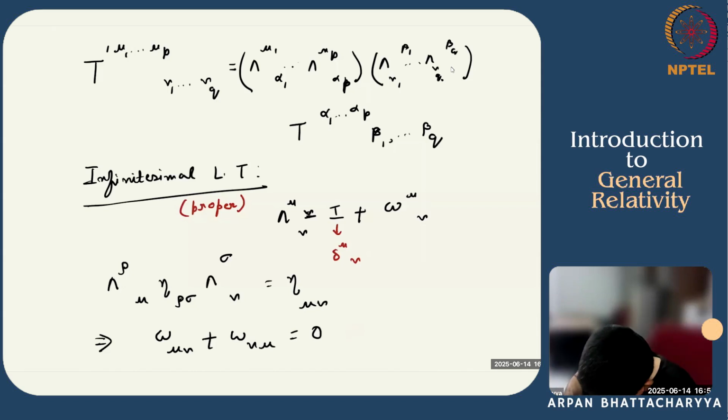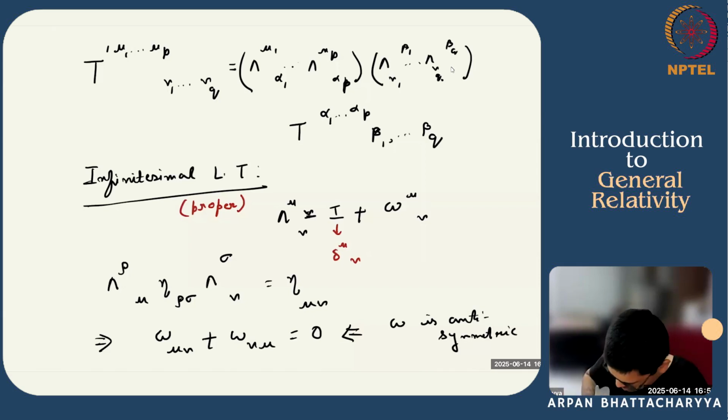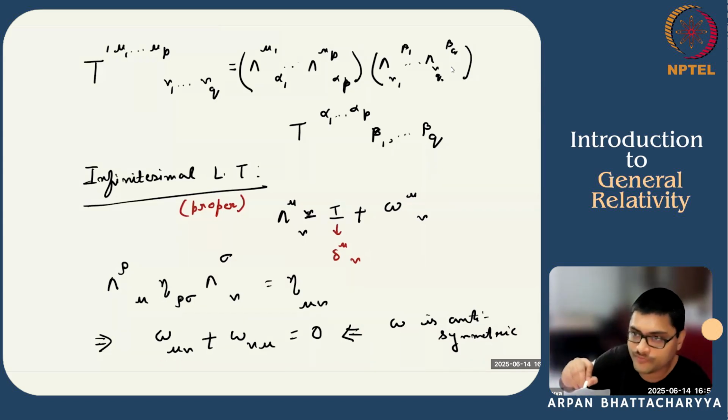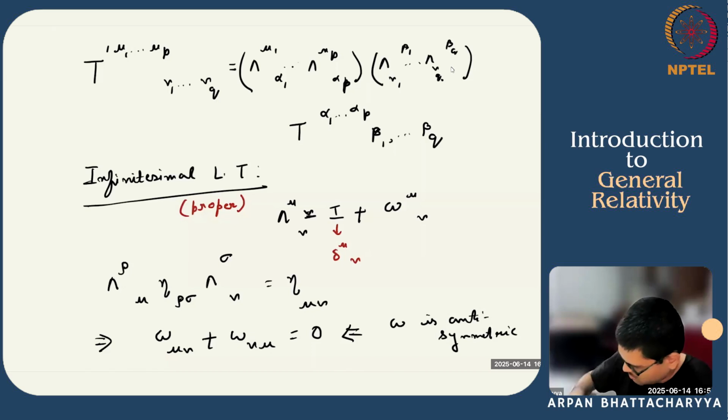And this says that omega is antisymmetric. Because remember that this is like omega mu nu is equal to minus omega nu mu. You have interchanged the index, but it is giving you a minus.